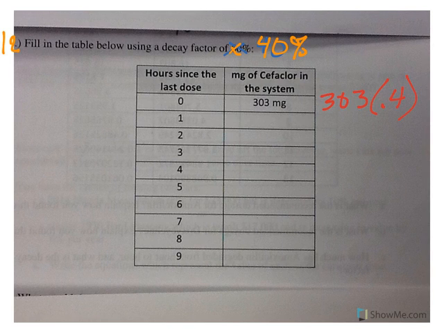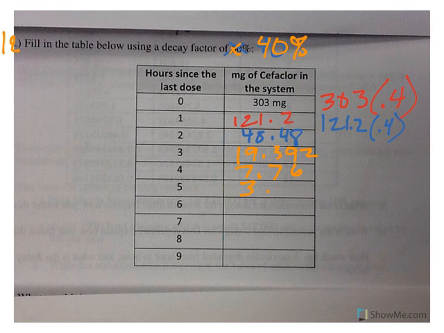So if I take 303 and multiply by 0.4, I get 121.2. So again, I'm going to take what I have left and multiply by 0.4, because if it degrades by 60%, then 40% is still there, and now I'm at 48.48. And as I go down, I've got 19.392. I've got 7.76.